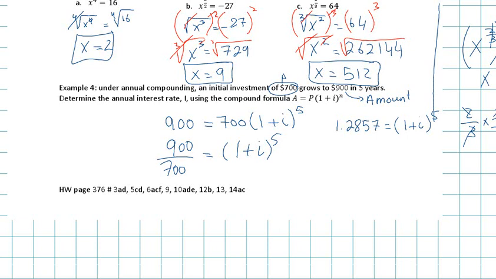To get rid of a power, I have to take the fifth root. Can you fifth root 1.2857? It's 1.0515.